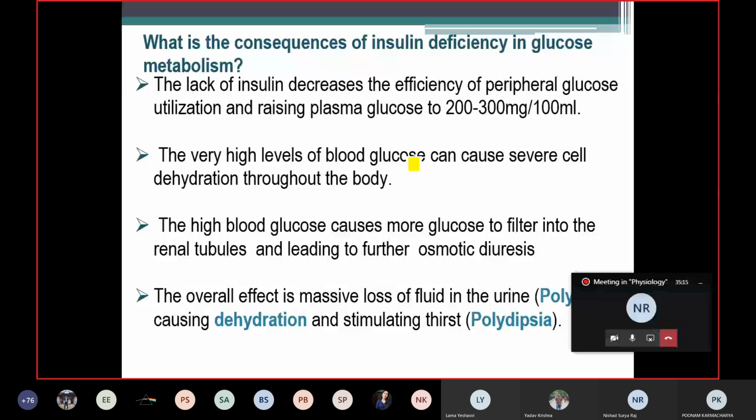Now, because of the osmotic pressure created by this extracellular fluid, there is osmotic transfer of water out of the cells, causing dehydration.